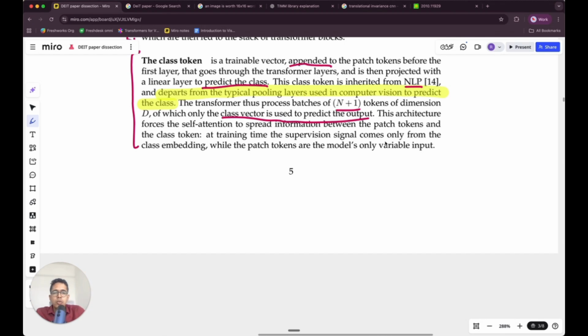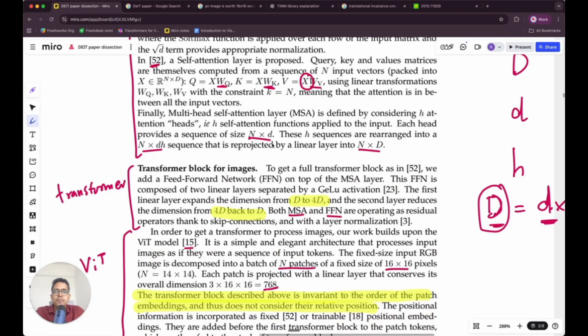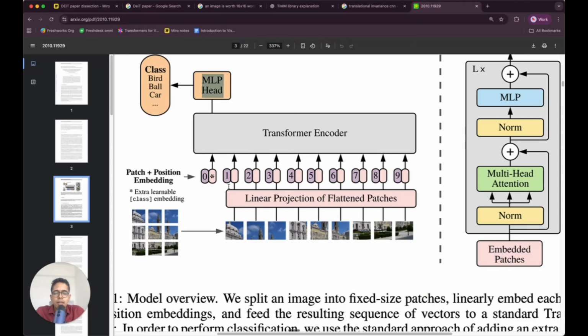At training time, the supervision signal only comes from the class embedding, while the patch tokens are the model's only variable input. So these are the 9 patches, and these are the 9 patch tokens, 1 2 3 4 5 6 7 8 9. But then the signal for training only comes from the class token. Why? Because only the class token is going outside here.